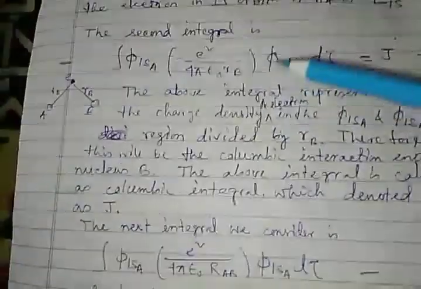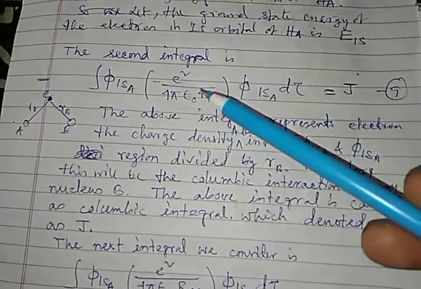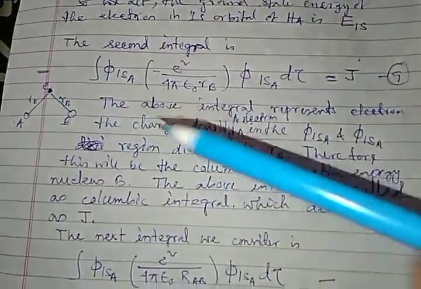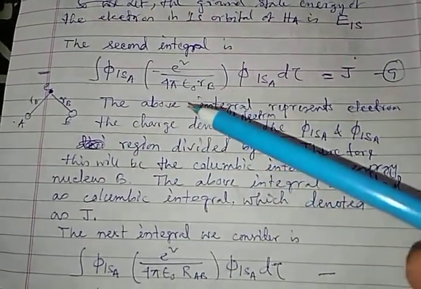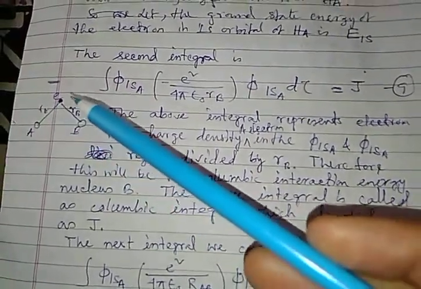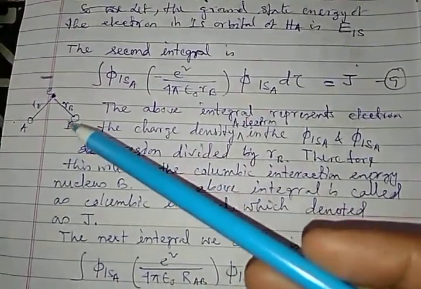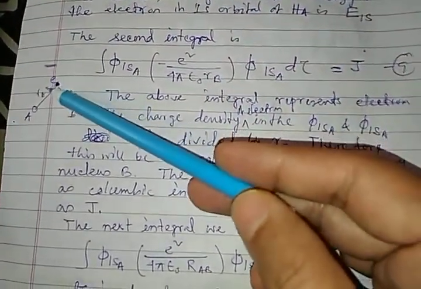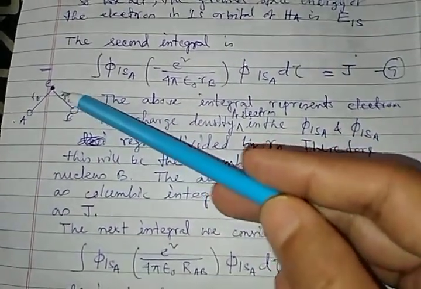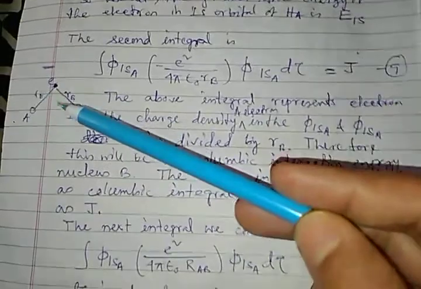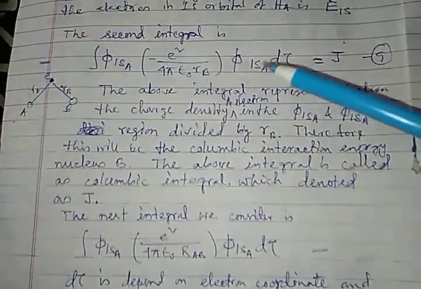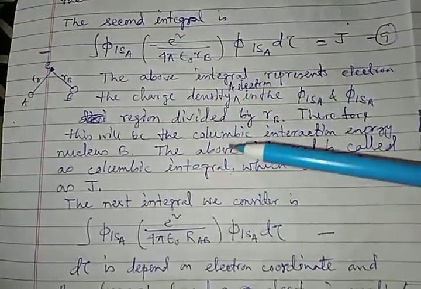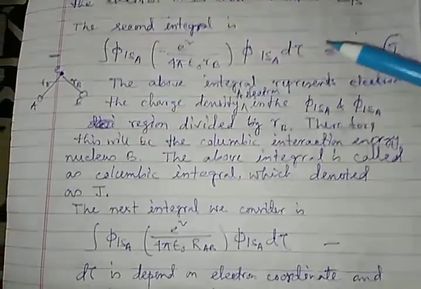So that implies the nuclear attraction towards the electron density, basically a Coulombic interaction, or Coulombic attraction of nucleus B to the electron density. I can say this electron density is centered here in this place, and this electron density is attracted by nucleus B. That is the simplest way to put it. So we can call this a special type of integral, and this integral is known as the Coulombic integral, and this is denoted by J.